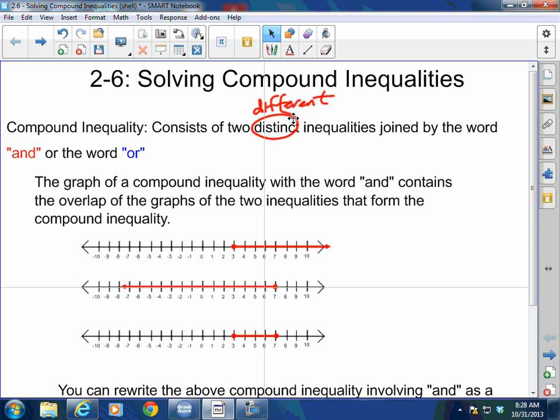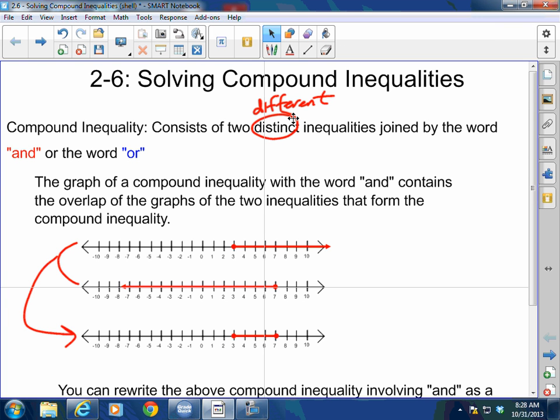Now, how does this work? The graph of the compound inequality with the word "and" contains the overlap. Please pay attention to that. The overlap of the graphs of the two inequalities that form the compound inequality. So, let's take a look at how these two combine together to become that one.